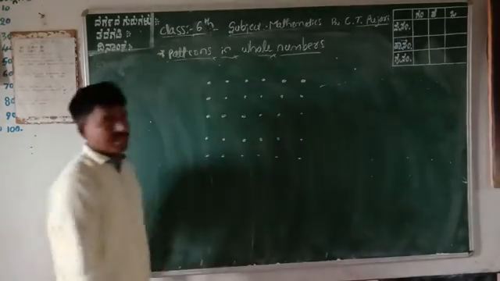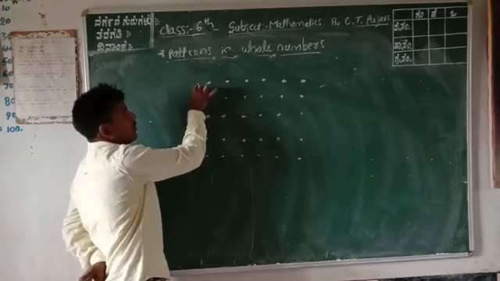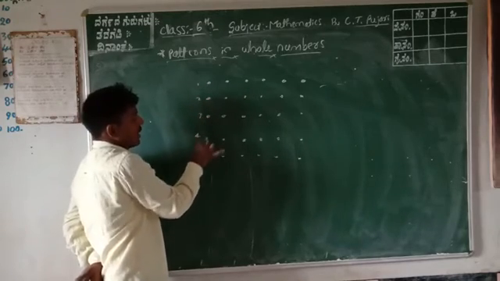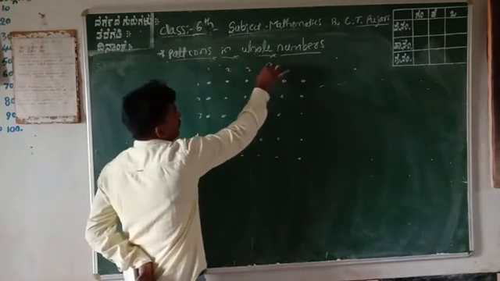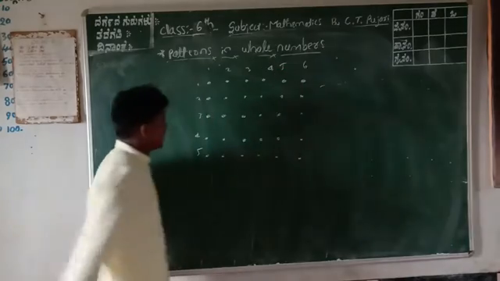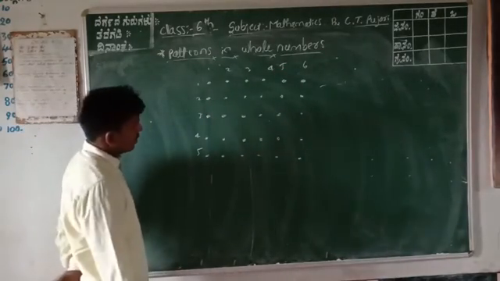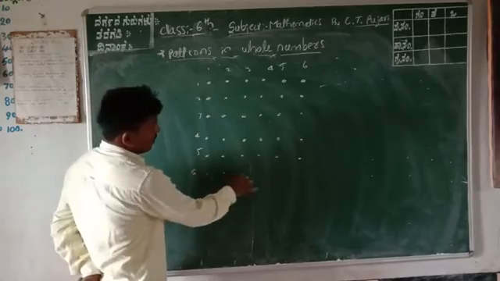You can consider some questions. This is 1, 1 2 3 4 5, again 1 2 3 4 5 6. These are the numbers here. Or you can take 6 also.